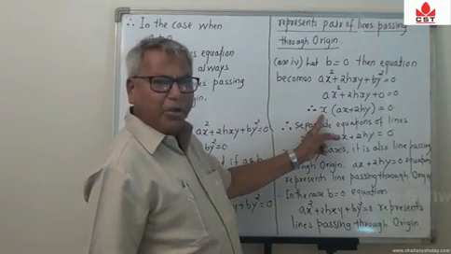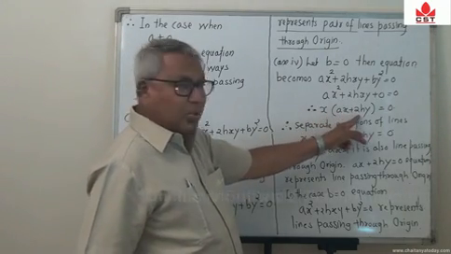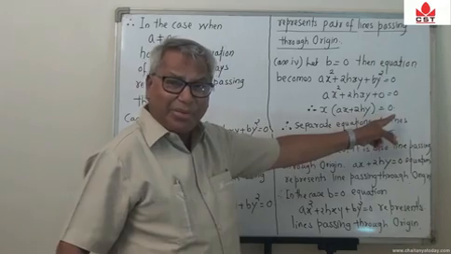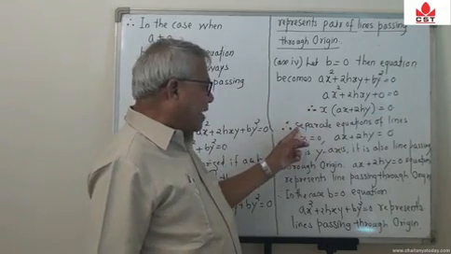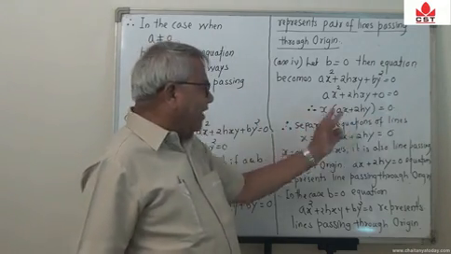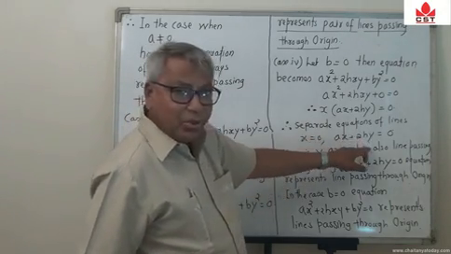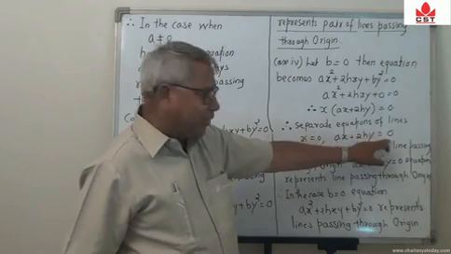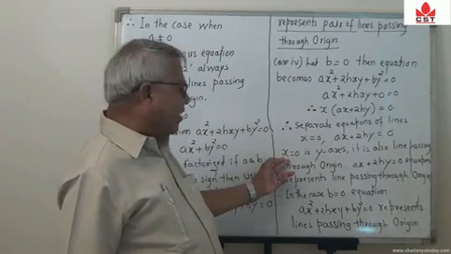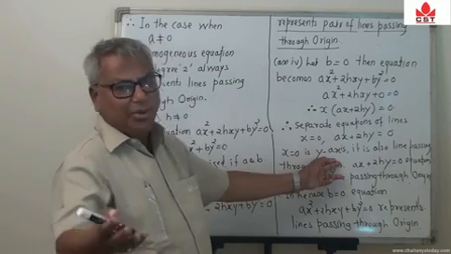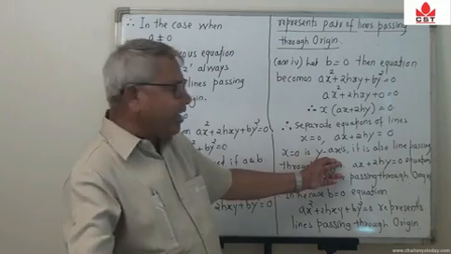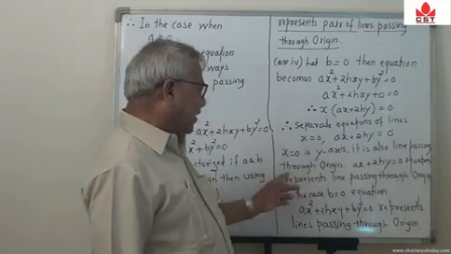If x common, into bracket ax plus 2hy is equal to 0. Make the separate equations. The separate equations of the lines are x equal to 0 and ax plus 2hy is equal to 0. Now x equal to 0 is what? Y-axis. Oh, it is also a line passing through origin.